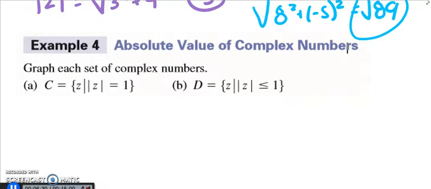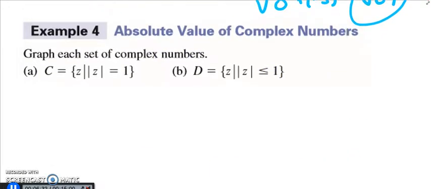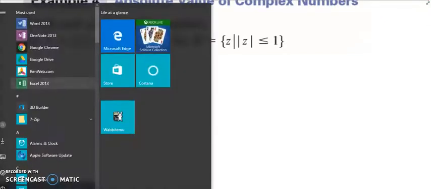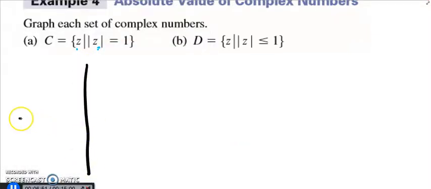Okay. So now we're going to graph again, but this time we're graphing the modulus, and that absolute value is the modulus, and remember that's the distance. So what this is saying is graph the modulus, which is our distance, is 1. So the distance from the origin is 1. I want you to think about what you can graph where every point is 1 unit away from the origin.